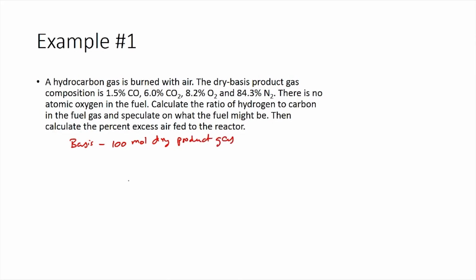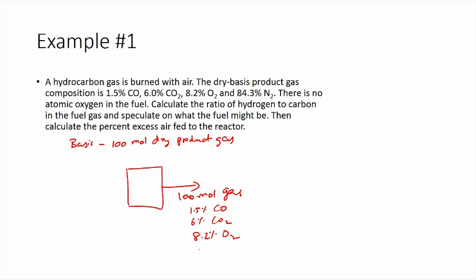So the flow chart for this system can be written as, you have a product stream which contains 100 moles of gas and this gas contains 1.5% carbon monoxide, 6% carbon dioxide, 8.2% oxygen and 84.3% nitrogen.